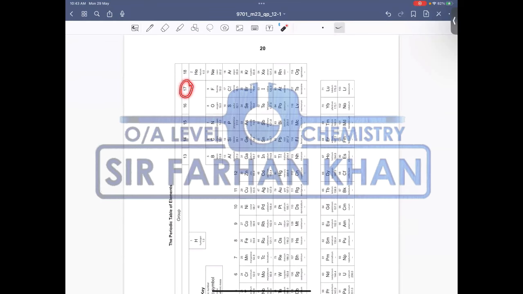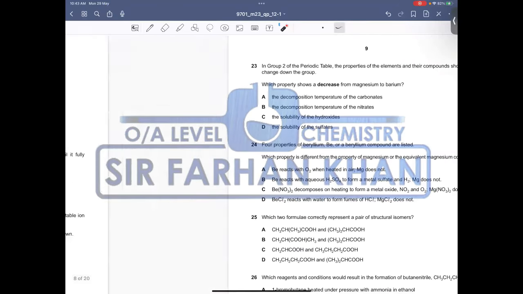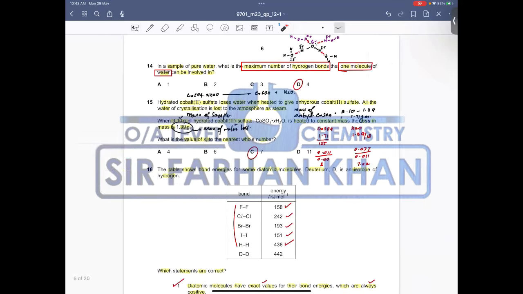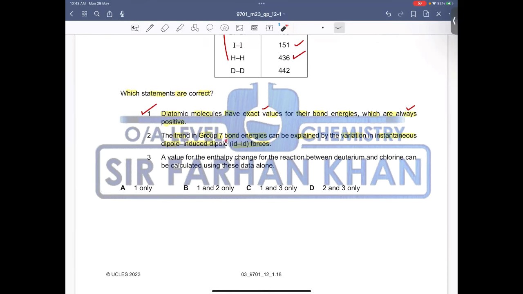So it's all right, no problem. That's not a big deal actually, because bond energy values have nothing to do with the instantaneous induced dipole-dipole forces. In fact, the melting and boiling point depends on these intermolecular forces, not on the bond energy values. So statement 2 is incorrect.